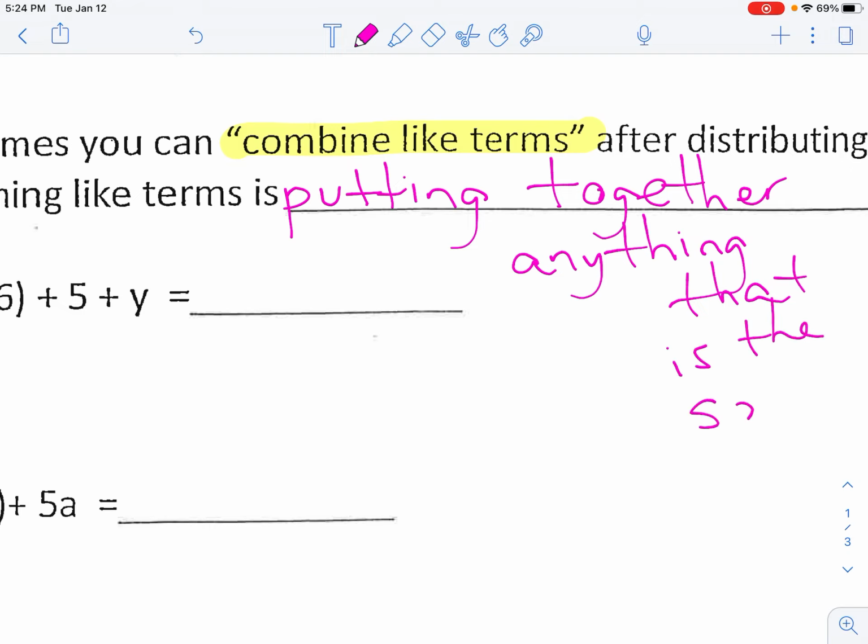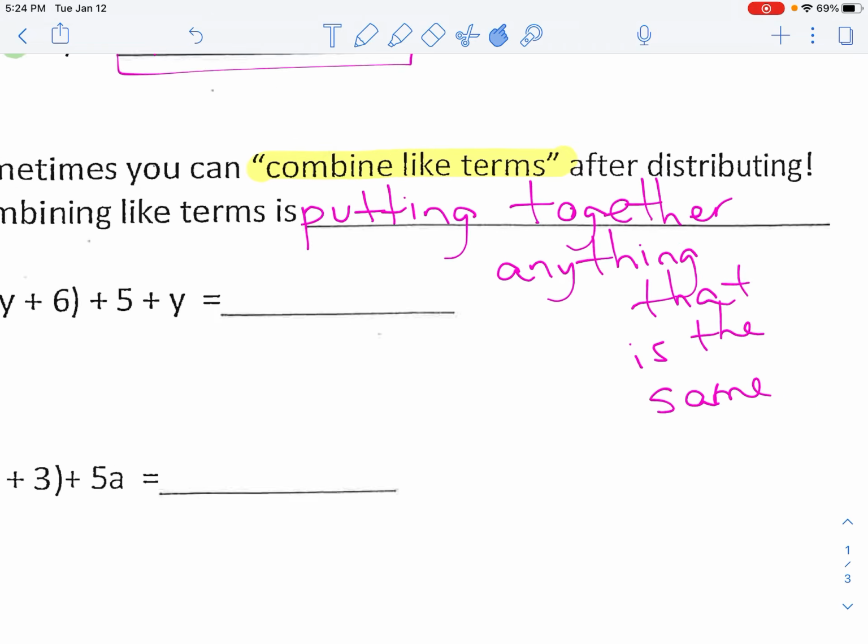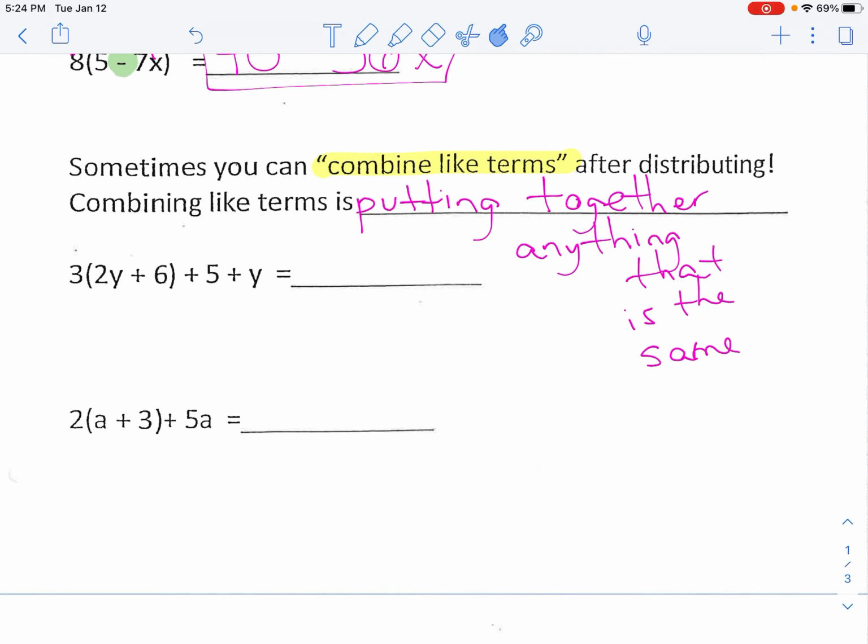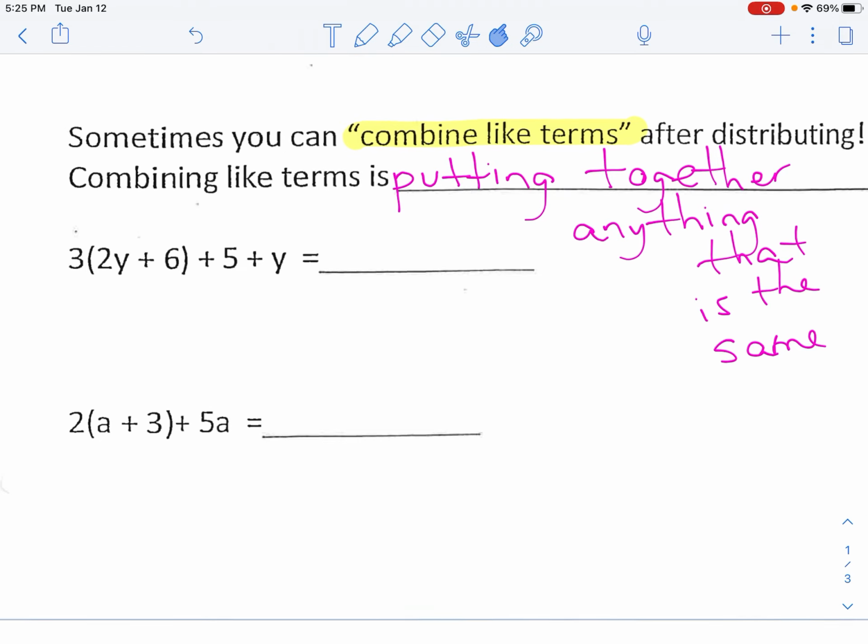So when we combine like terms in algebra, we can only combine x's with x's, y's with y's, a's with a's, and etc. You cannot combine an x with a y. You cannot combine a z with an l, etc. So the first thing we're going to do is what we had just done before.